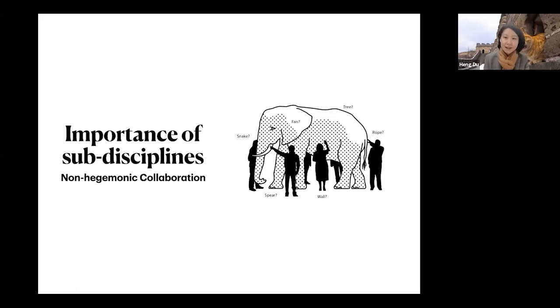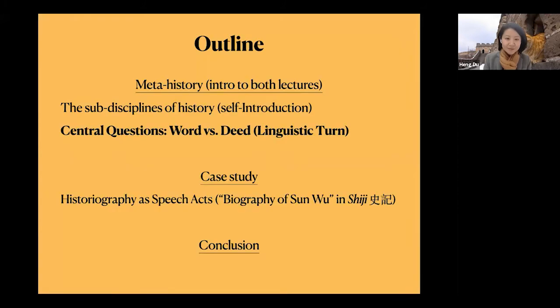Each of us is just trying to shed light on one small aspect of this very complex reality, and it takes a collaboration among scholars from different training backgrounds and disciplines to try to illuminate the historical reality of the past. Okay, so that was my very short intro to subdisciplines.